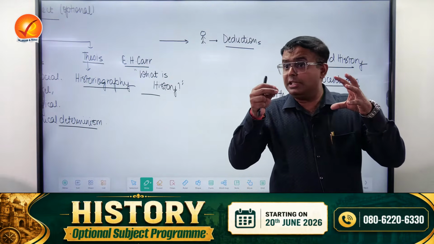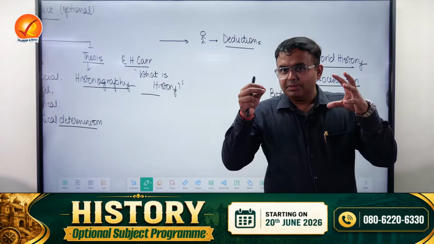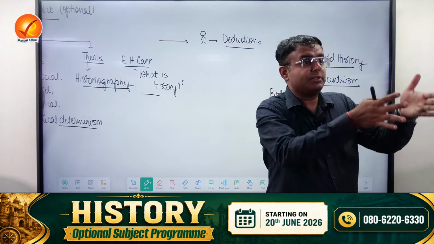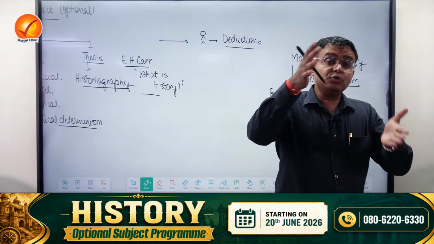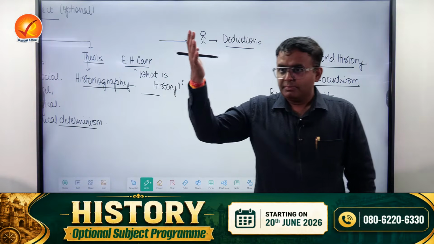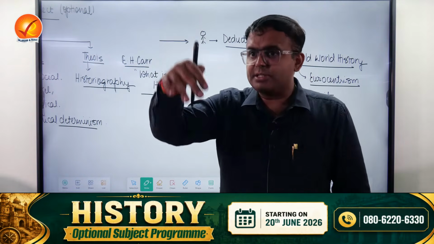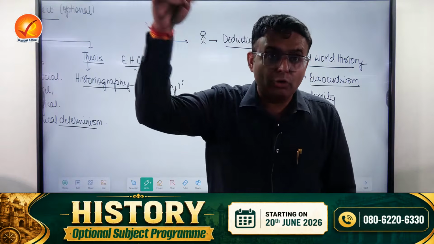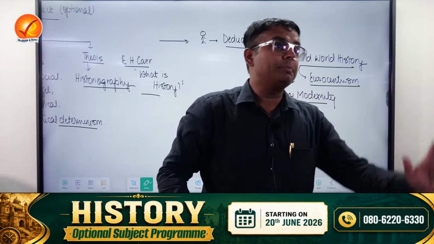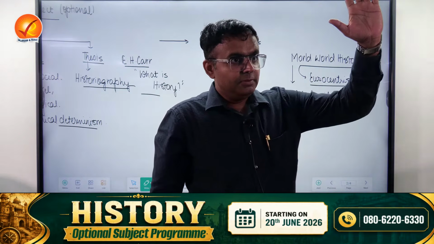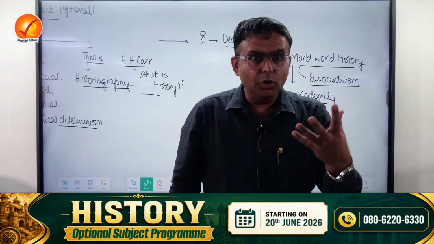The condition of Europe was not always good. The situation in Europe was far worse than India, Egypt, China. That is why we call it the dark age. A time where European politics, European society, European economy, mindset of the people was completely gone. From there Europe rises. We see changes. Why? How?